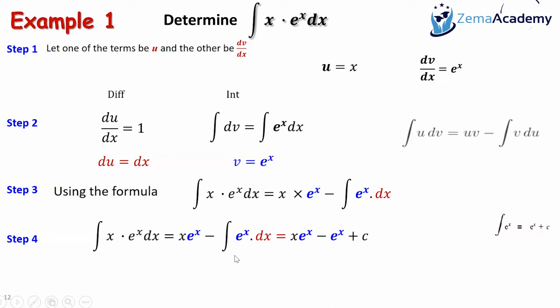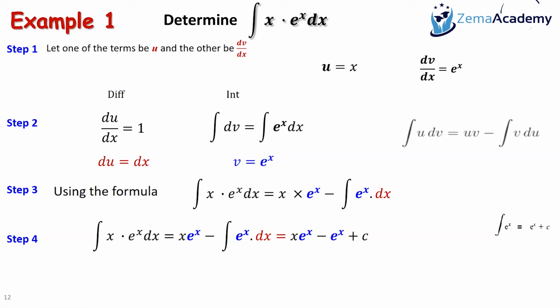If I integrate e to the power x dx with respect to x, my answer is e to the power x plus c. So as you can see, this x multiplied by e to the power x over here, minus sign as it is over here, and the answer of this integral from the table is e to the power x plus c. This is why it is very important to correctly choose u and dv.